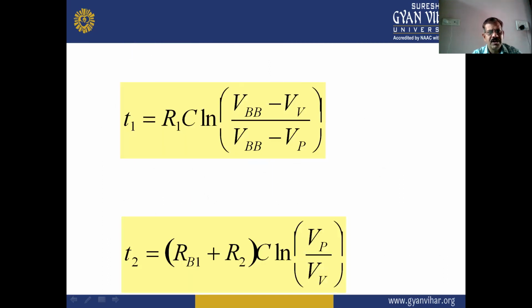Time t1 equals R1 C natural log of (VBB minus VV) upon (VBB minus VP), and time t2 equals (RB1 plus R2) into C natural log of VP upon VV. So this is the value of time t1 and time t2.